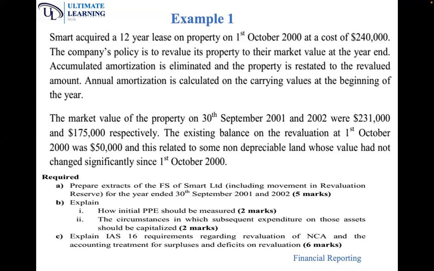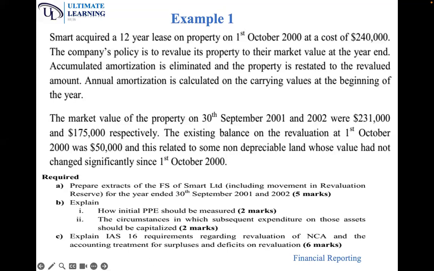When an asset is valued from a certain class, all the assets in that class should be revalued. Point number 2, revaluation should be consistent. Point number 3, revaluation reserve should be taken to equity. Point number 4, there should be a transfer from revaluation reserve to retained earnings. So that is the first part of part C.